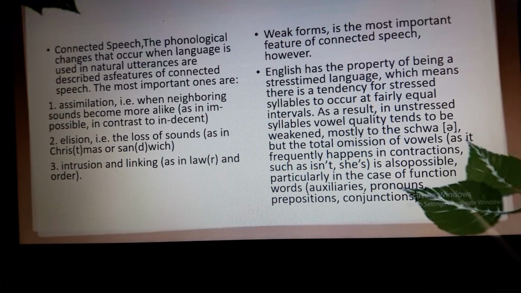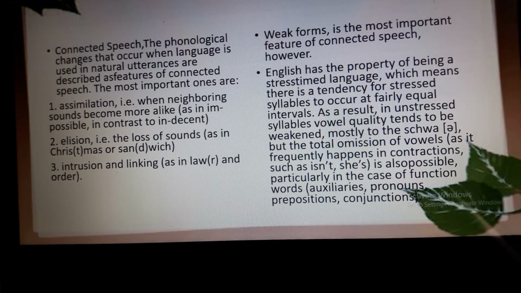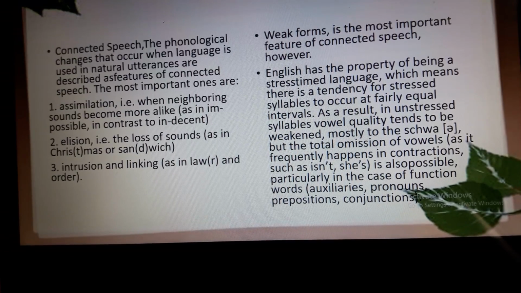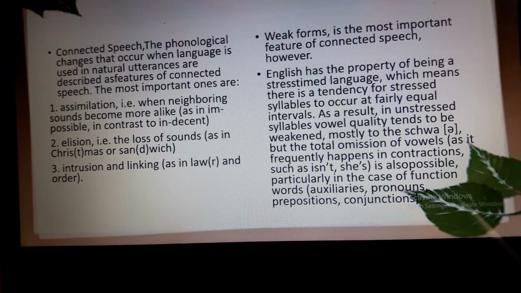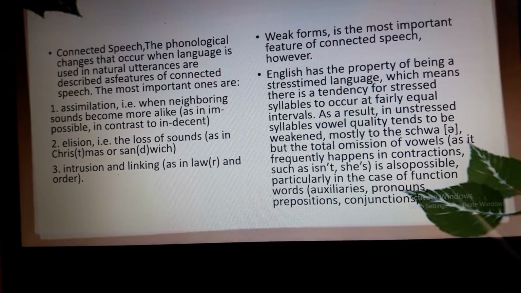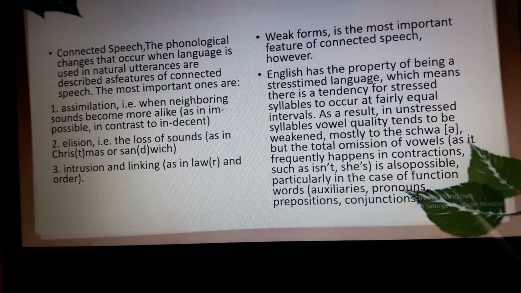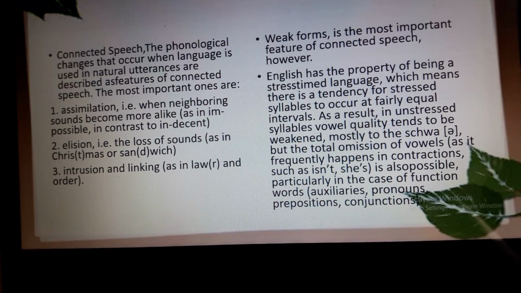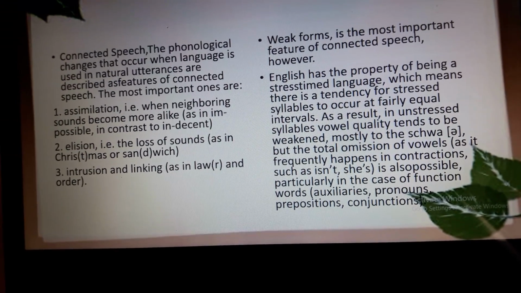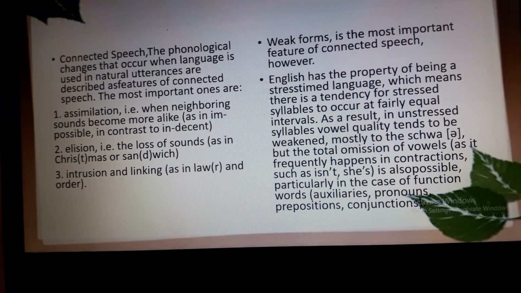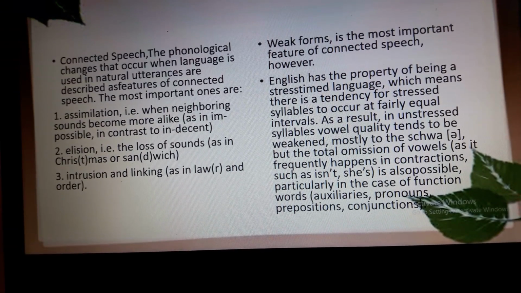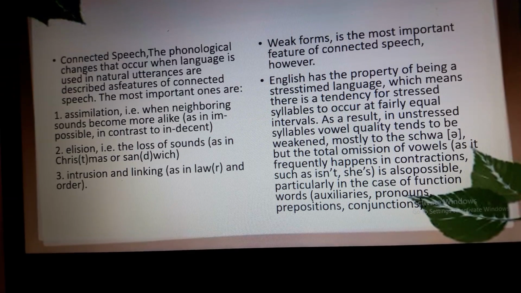As a result, in unstressed syllables, vowel quality tends to be weakened, mostly to the schwa. But the total omission of vowels, as it frequently happens in contractions, is also possible, particularly in the case of function words, for example auxiliaries, pronouns, prepositions, and conjunctions.